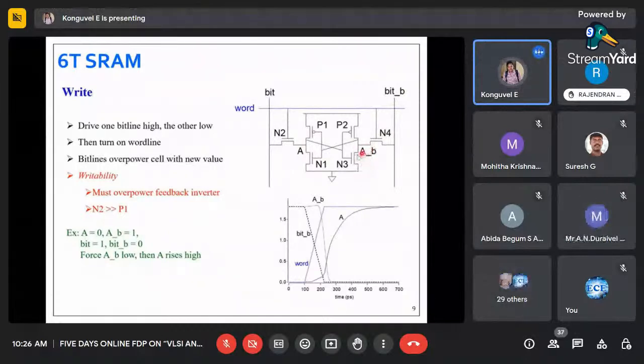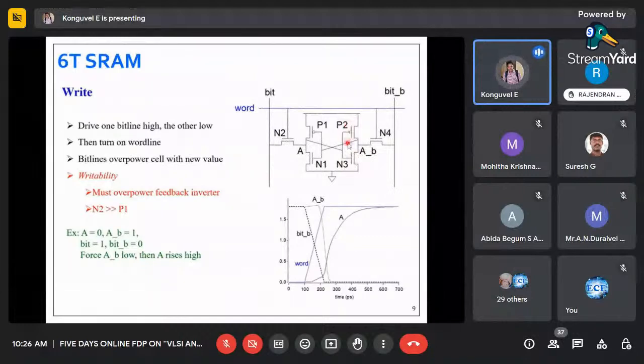How are we making this A bar B pull to 0? As soon as we put the bit line as 1 and the word line is already activated, when this is 1 here, A will become 1. Once A becomes 1, N3 will be turned on, and at the same time P2 will be turned off. See here, it is cross coupled.